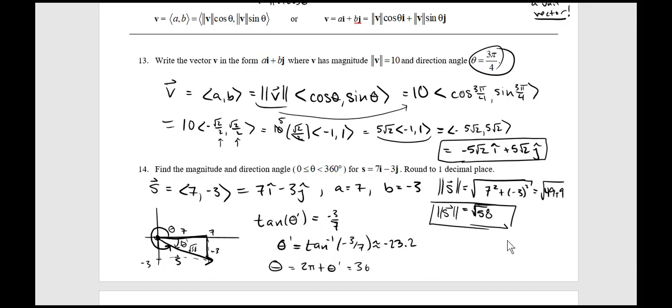Let's call it 360 degrees. And what do we get when we do that? Let's get it right. Let's see.